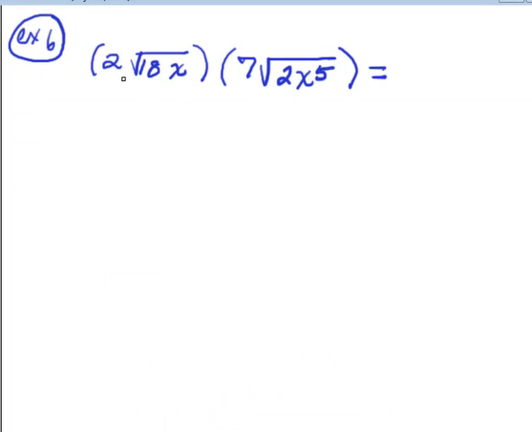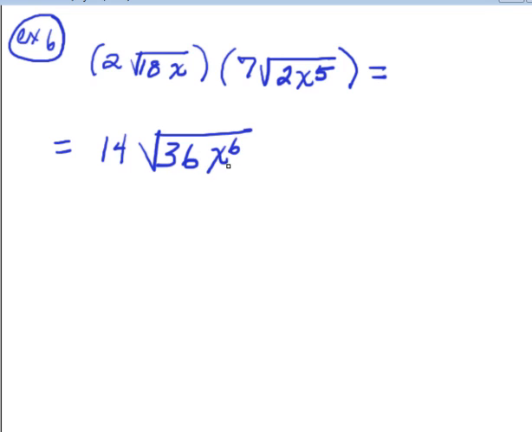In example 6, we're multiplying two radical expressions. We multiply underneath the radical symbol, and we multiply the numbers outside the radical symbol. So we'll have 2 times 7 is 14, then underneath the radical 18 times 2, that's 36, and x times x to the 5th is x to the 6th.